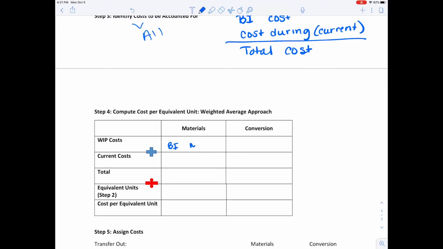So we're going to take our beginning inventory materials cost and our beginning inventory conversion cost, add that to the materials added and whatever added conversion costs we have, and we're going to get a total materials cost.